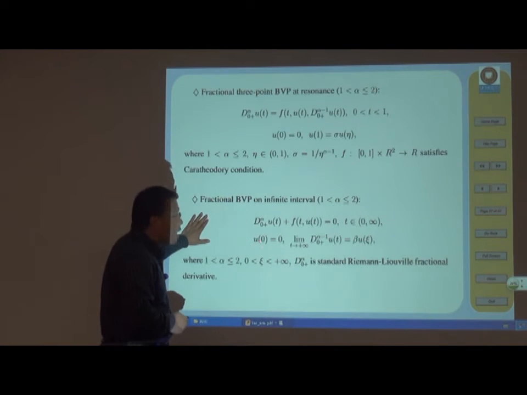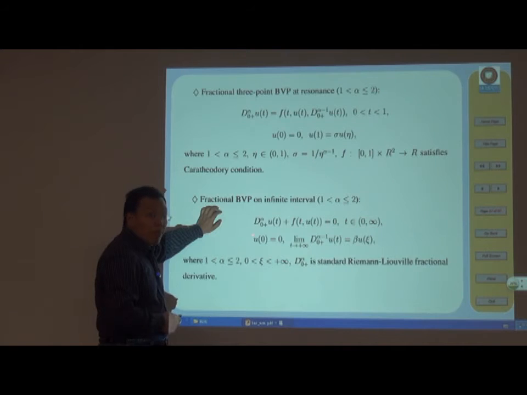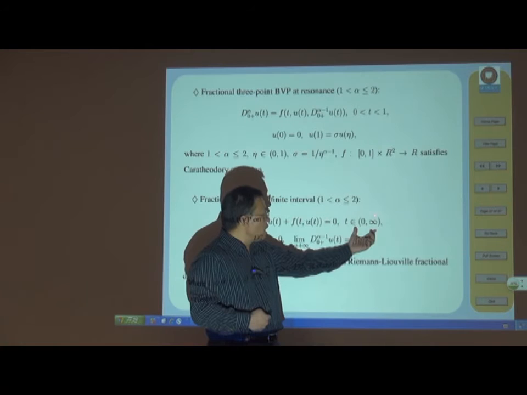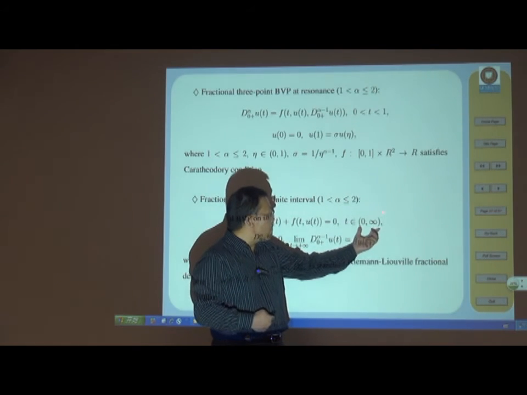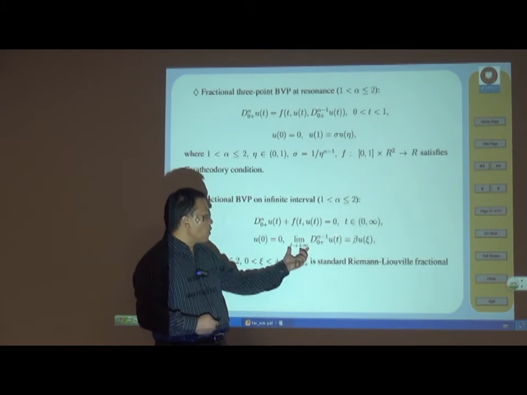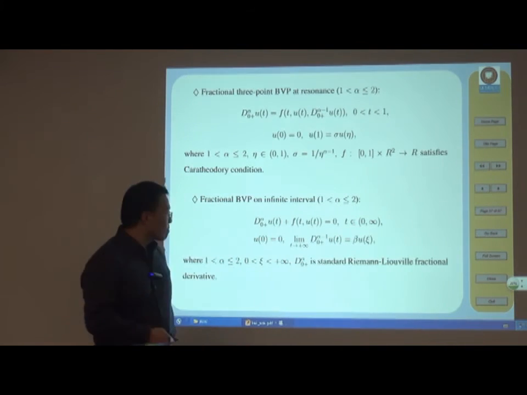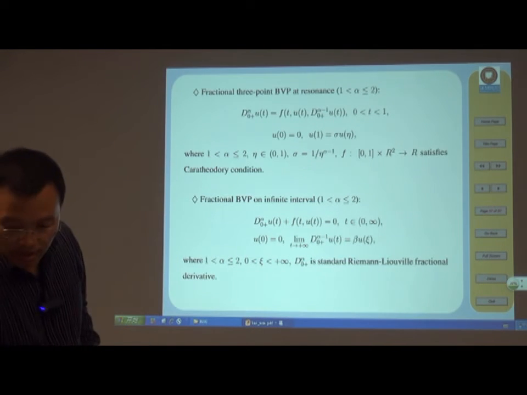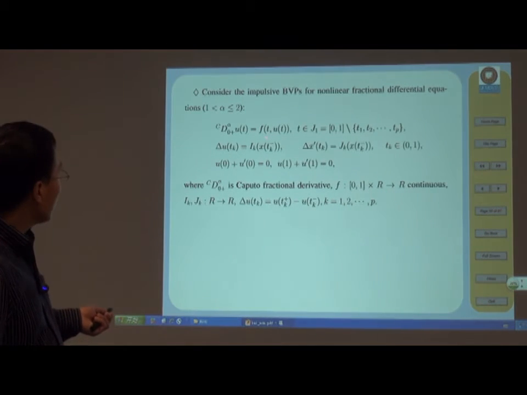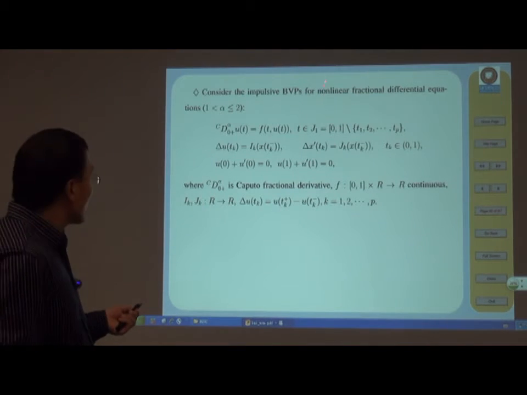And this is called an infinite interval boundary value problem. You will find that here t is located in an infinite interval, and the boundary conditions are also about the infinite point. And this problem is an impulsive boundary value problem.